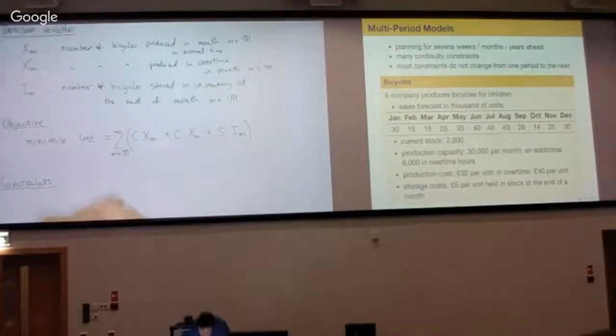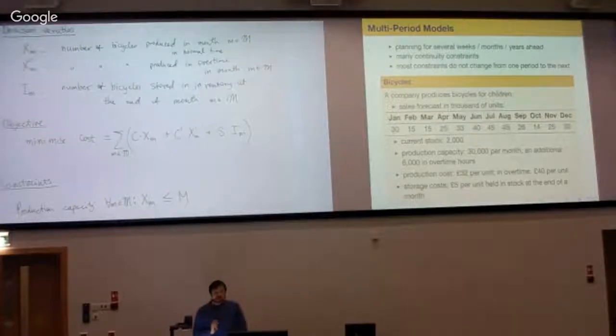The production capacity, what you produce is no more than the maximum in a month. And you should say what M is. So this is a constraint, and there's one for each month, like that. So for all M in M.